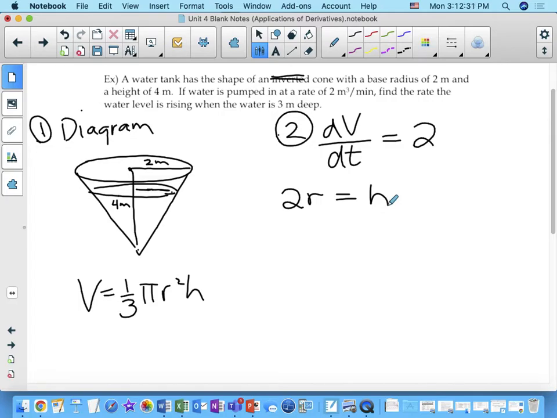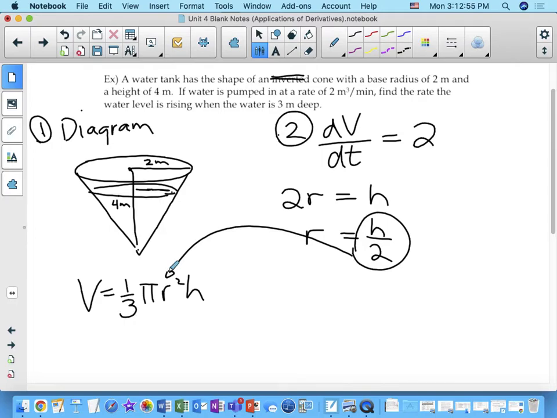Okay, and what we want to know, or in fact, what we're going to want to replace in this equation, because we want to know the change in height with respect to time, is we're going to want to replace the radius, right? So we know that radius is the height divided by 2. Okay, so we are going to take this, sub it in there in a minute.